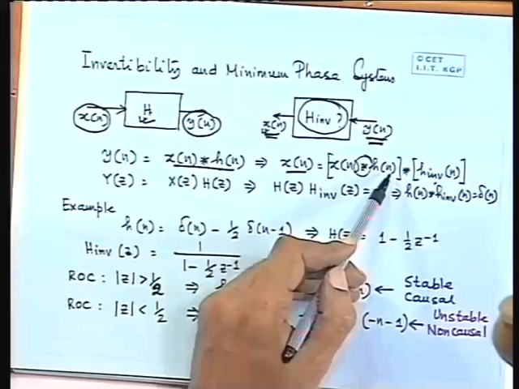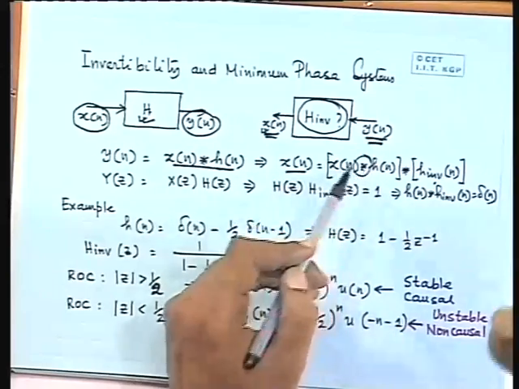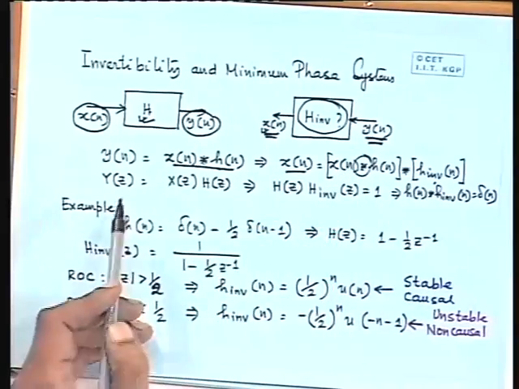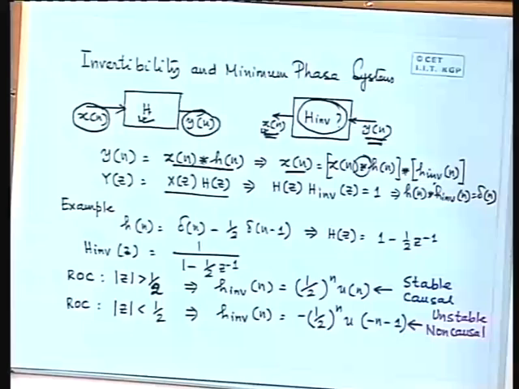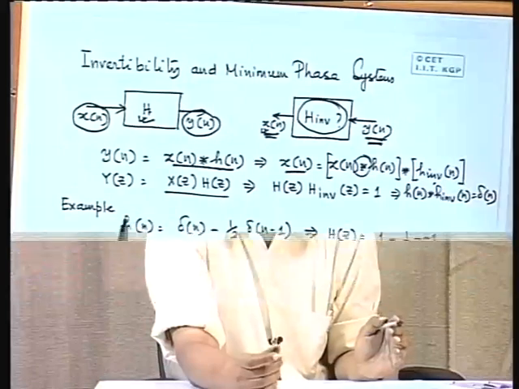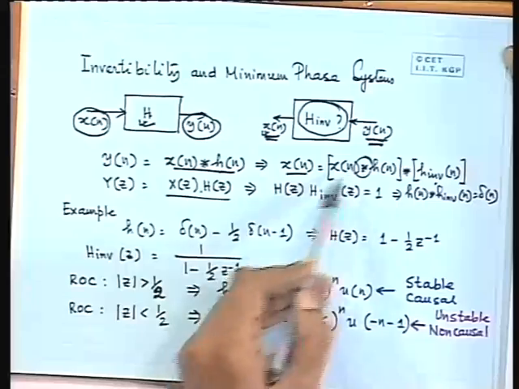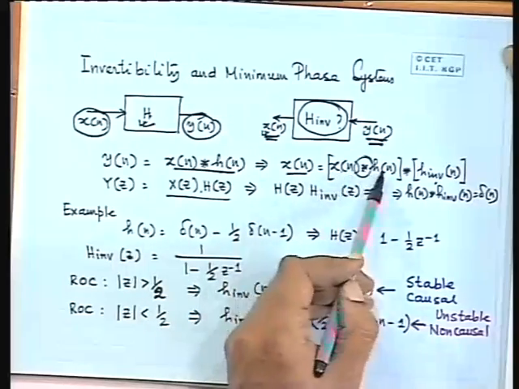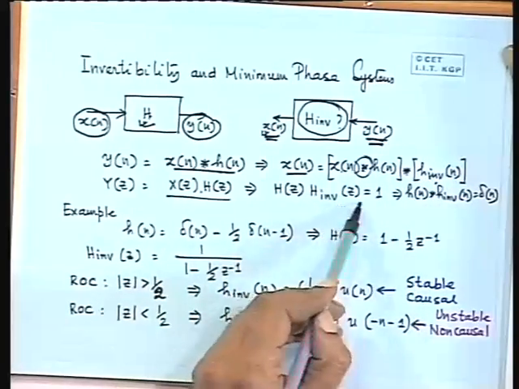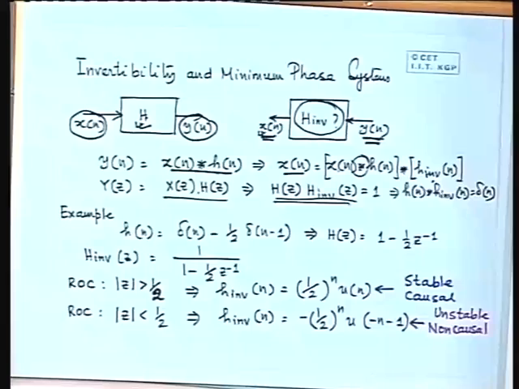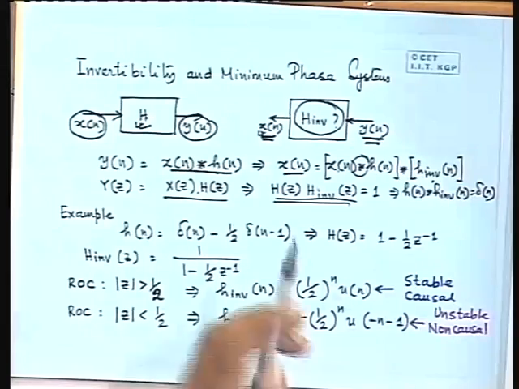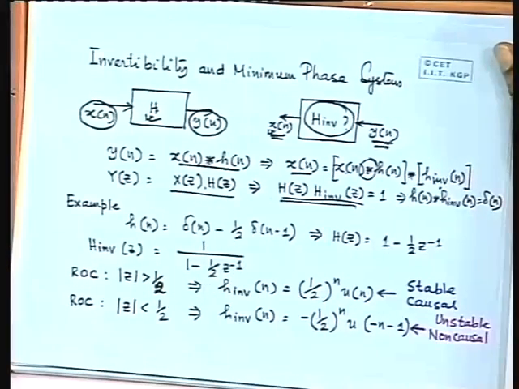Though it looks very simple, it is not a product. But it becomes a product in the frequency domain. The moment we take the z transform, it becomes a product, that we know: if we take the z transform, then convolution means product. So it is going to be X(z) H(z) H inverse(z), which means that H(z) into H inverse(z) must be equal to 1. So in the z domain we can very simply find out H inverse(z).